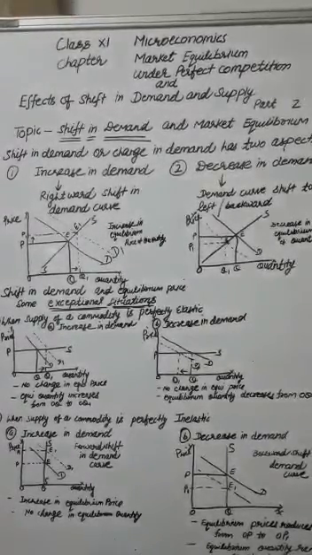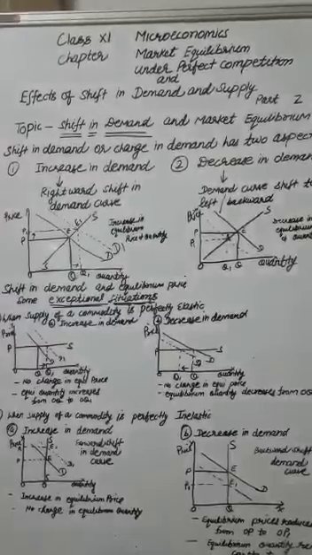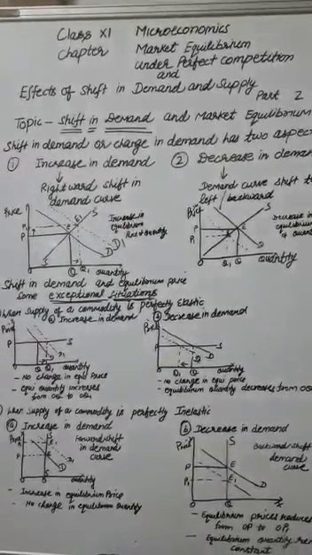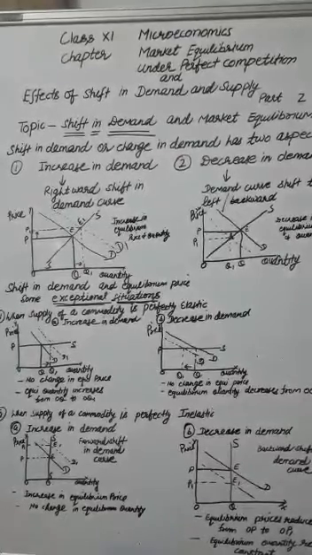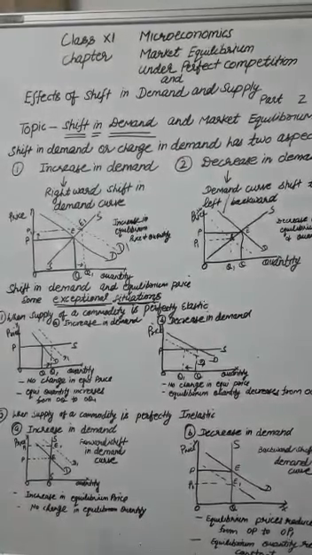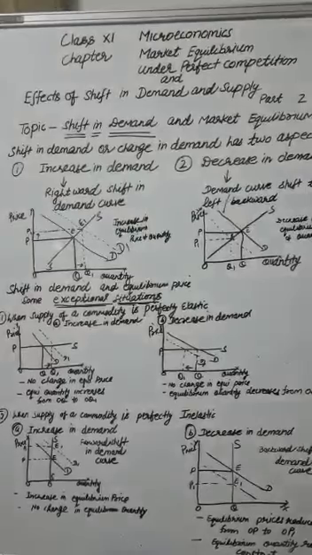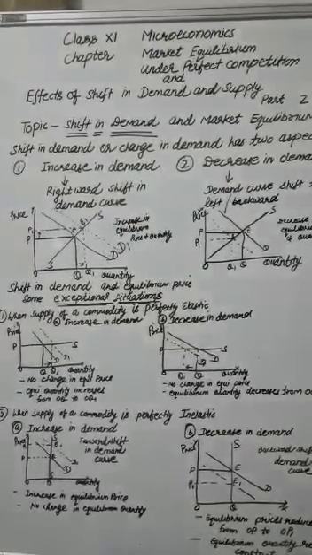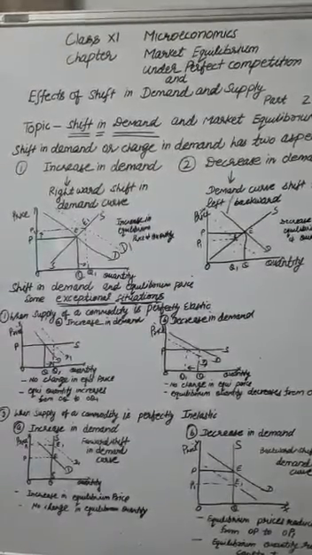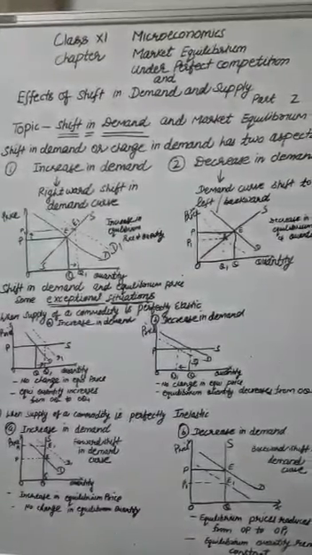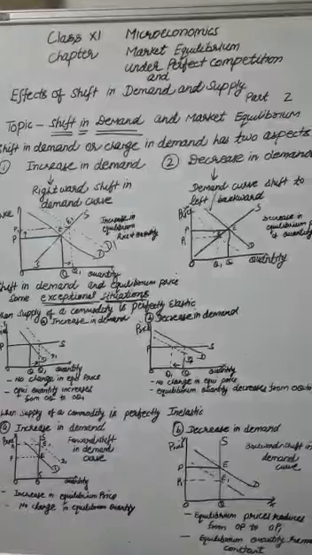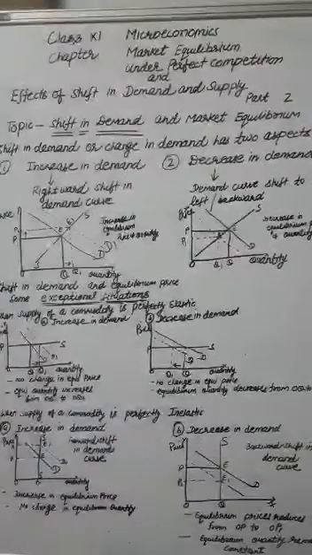As you know, market equilibrium is a situation where market demand of a commodity is equal to market supply of a commodity. So when there is a shift in demand, what happens to market equilibrium or equilibrium price?